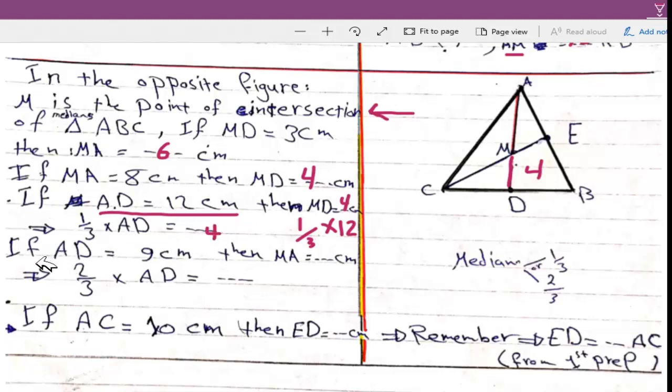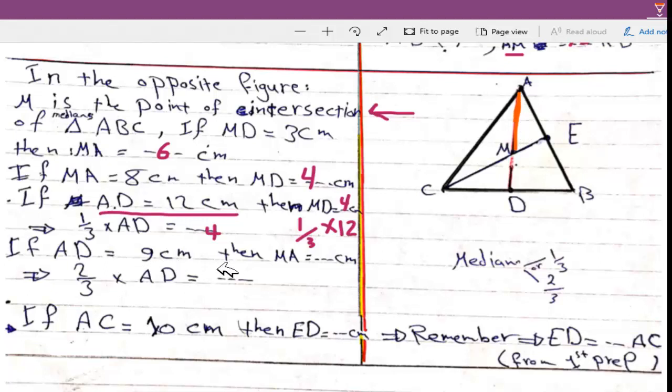This is MD. If AD equals 9, I will erase this. AD is 9. He is talking about the whole median. So MA is the longest one, so it will be 2/3 of the median.